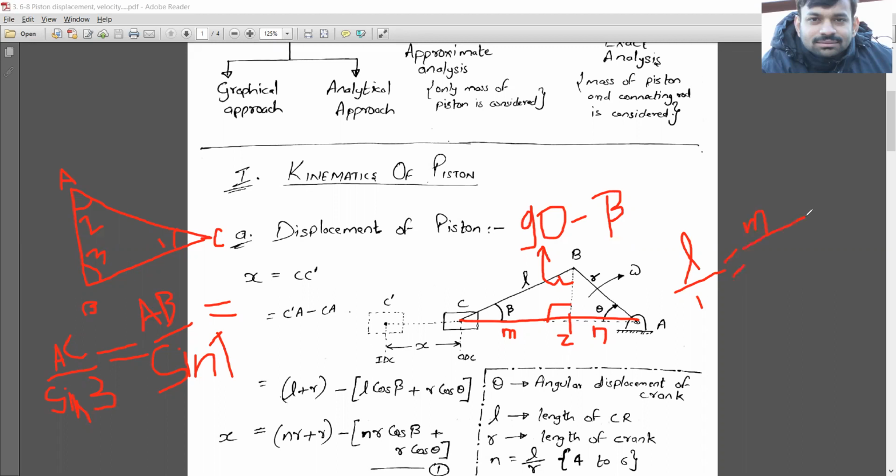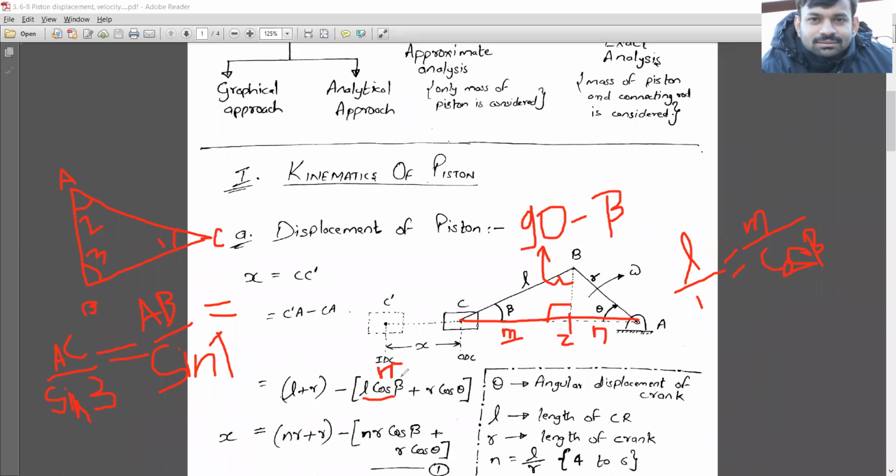And what is sine of 90 minus beta? It will become cos beta. I wanted to know the value of M, and from here I can calculate M equals L cos beta.